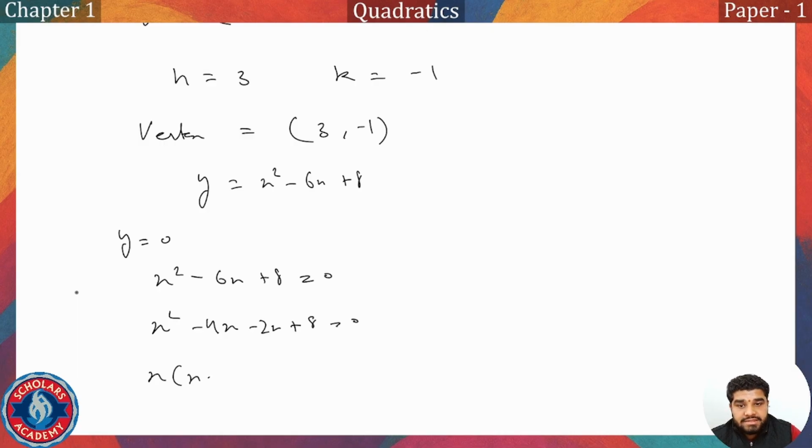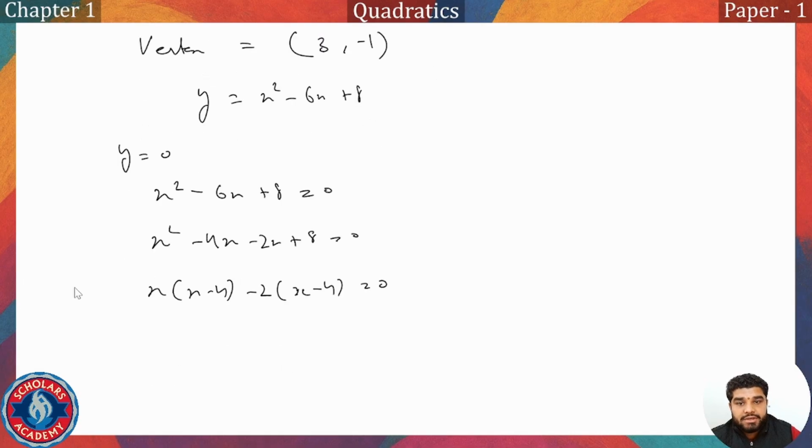Taking x common, x minus 4, taking negative 2 common, x minus 4 is equal to 0. So from here what I get is (x minus 4)(x minus 2) is equal to 0. So I get x is equal to 4 or x is equal to 2.